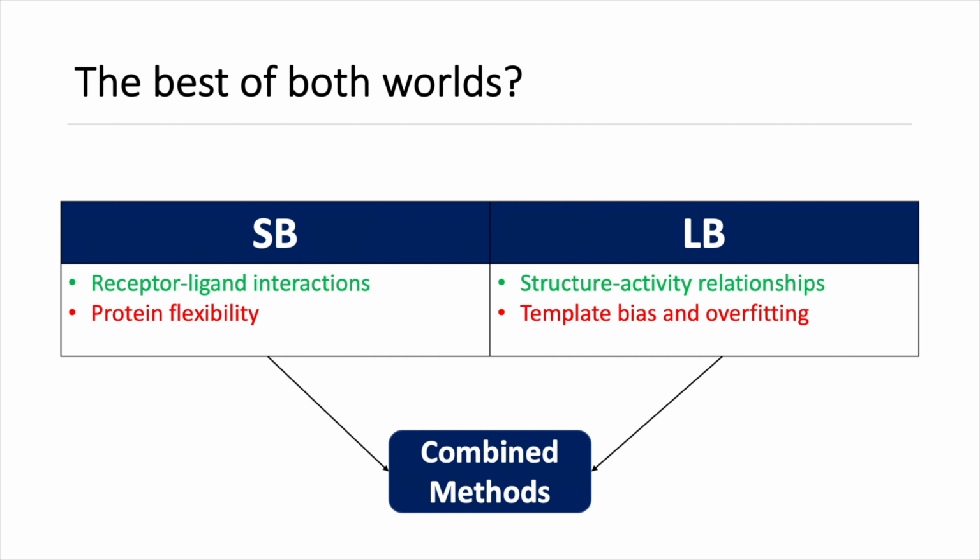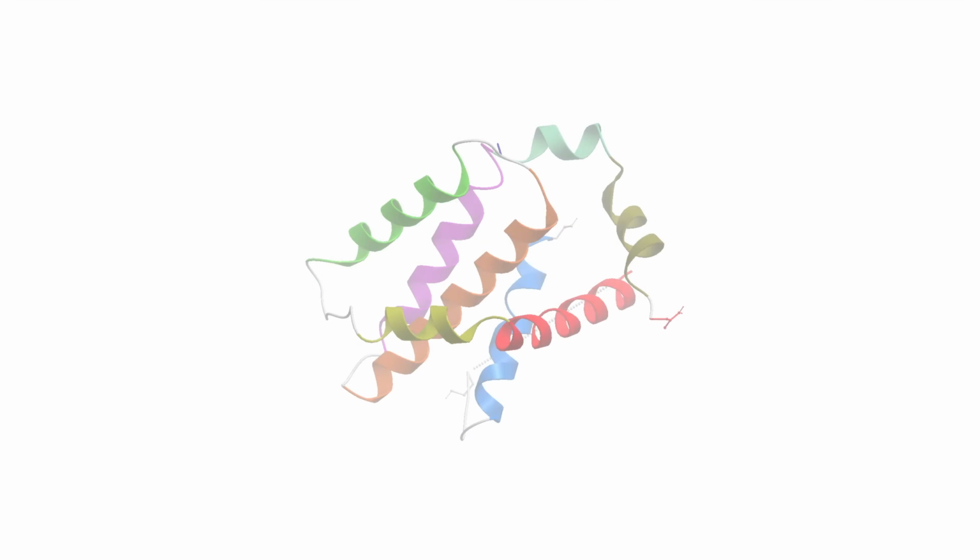As such, combining SB and LB may be a valuable strategy to exploit their independent advantages and improve the outcomes of virtual screening. A target that may benefit from a combined virtual screening approach is B-cell lymphoma extra large, or Bcl-xL, as both target structure and active compounds are available. It is an anti-apoptotic member of the Bcl-2 family of proteins localized to the mitochondrial outer membrane.